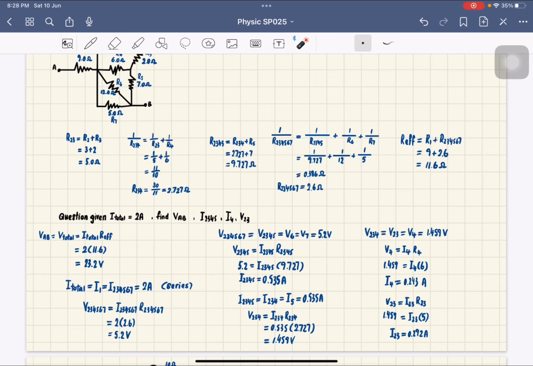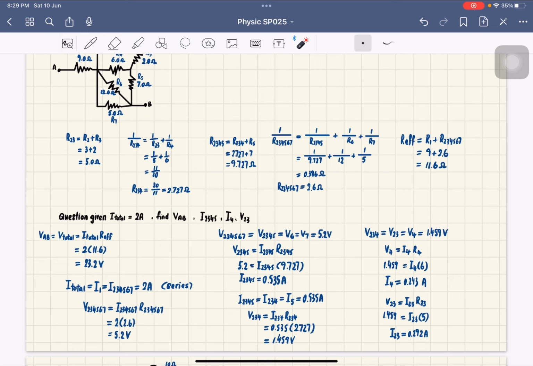Then after we find the V234, we can find the I4 and the V23, since the V234 is equal to the V23 and equal to V4 with the value 1.459 volts.